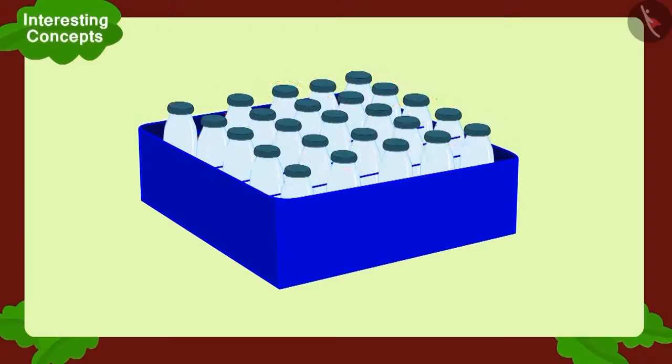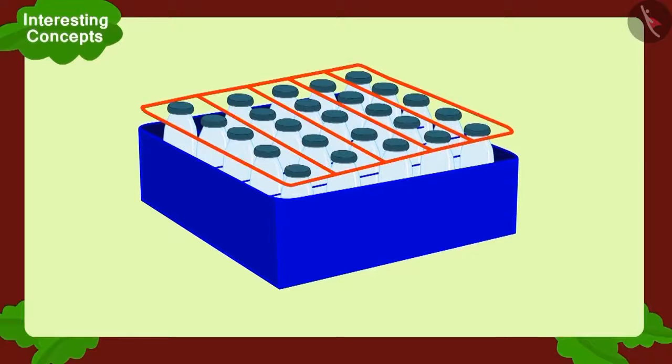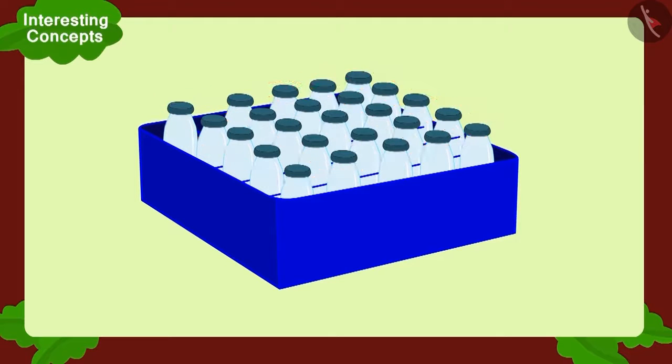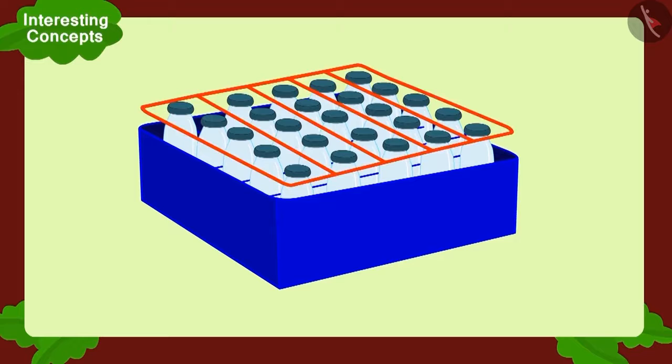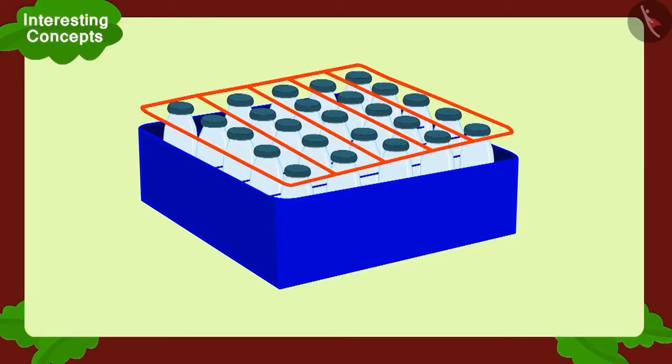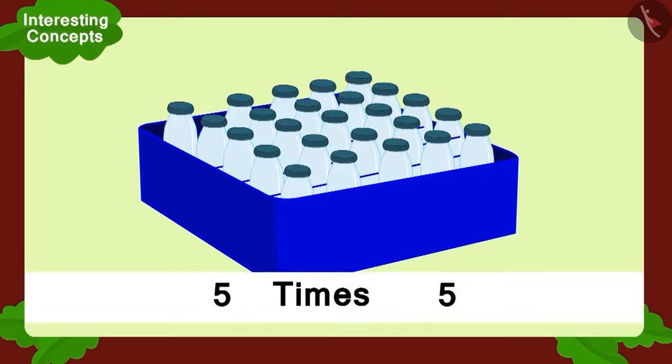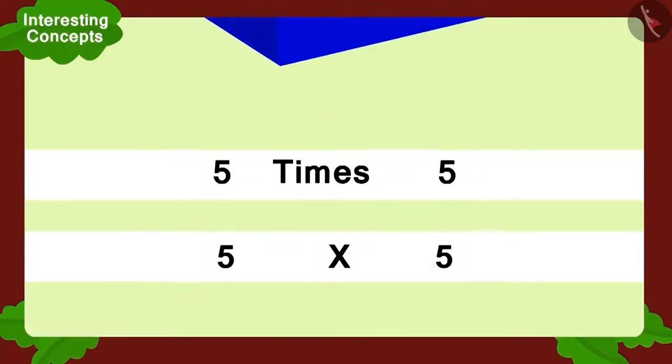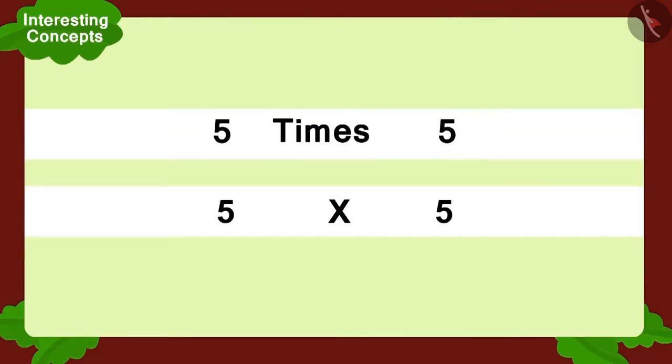What will happen if we write the multiplication of vertical slots, 5 vertical slots, and 5 bottles in each slot. That means 5 times 5 or 5 multiplied by 5.